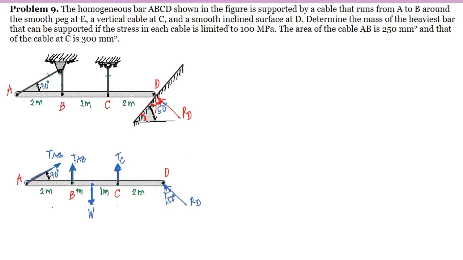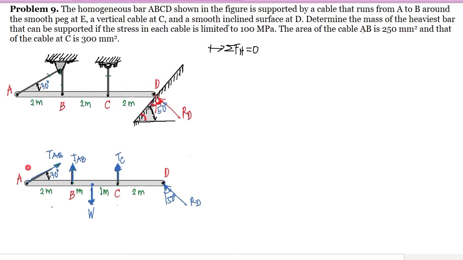Okay, so first thing na gagawin natin dito is to summate forces horizontal equal to 0, taking the direction to the right as positive. First, let us establish the components of the forces.